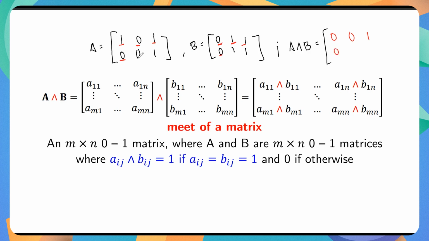Then we have 0 and 1, which is 0, and then 1 and 1, which is equal to 1. That would become the meet of your matrix. So it's basically applying the logical AND operator to each element of both matrices, component-wise.